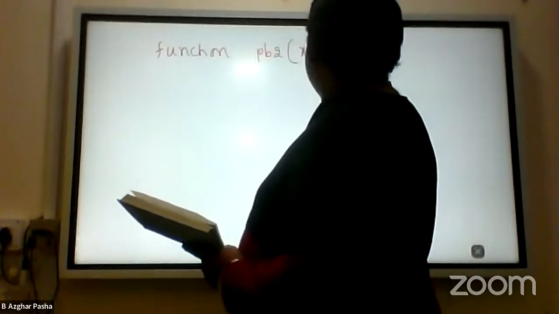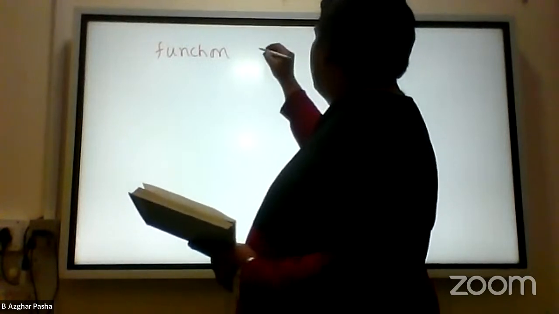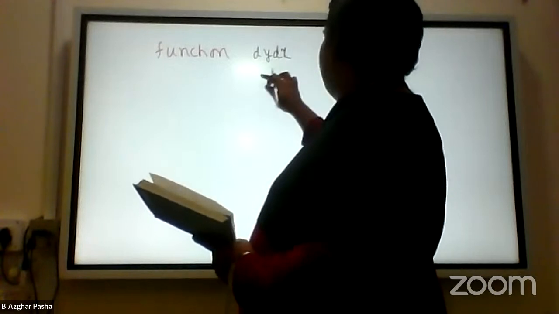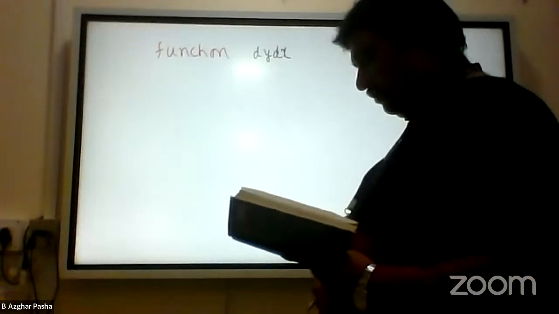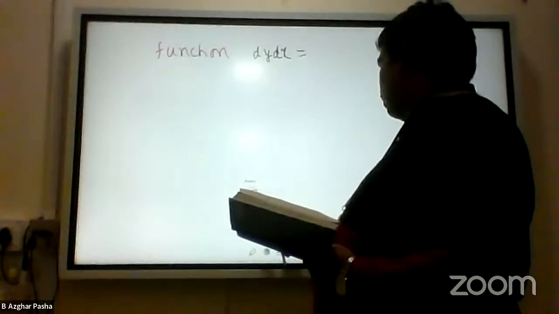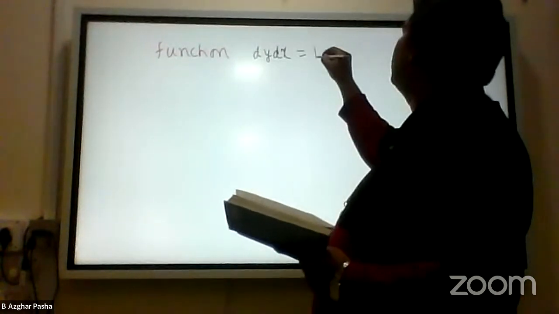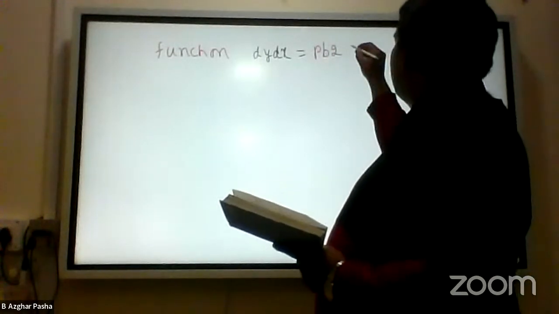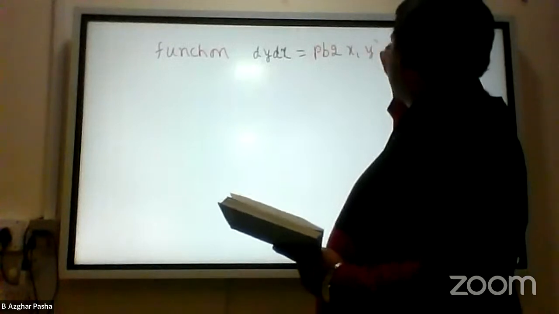Of course, a function name you should give. You can call it capital A, capital B, or whatever it will be. As it is the derivative part, I'm just writing dy dx. Function name is problem 2, with inputs x comma y.